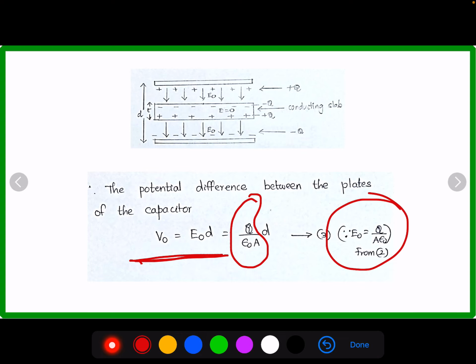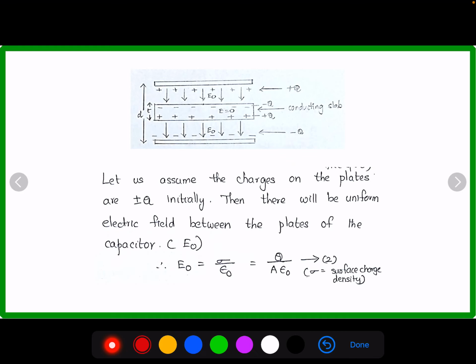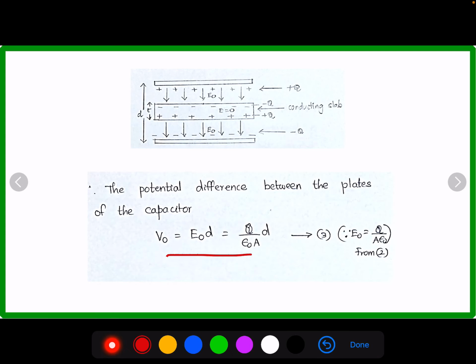Substitute that value, and you will get V naught is equal to Q by epsilon naught A into d.